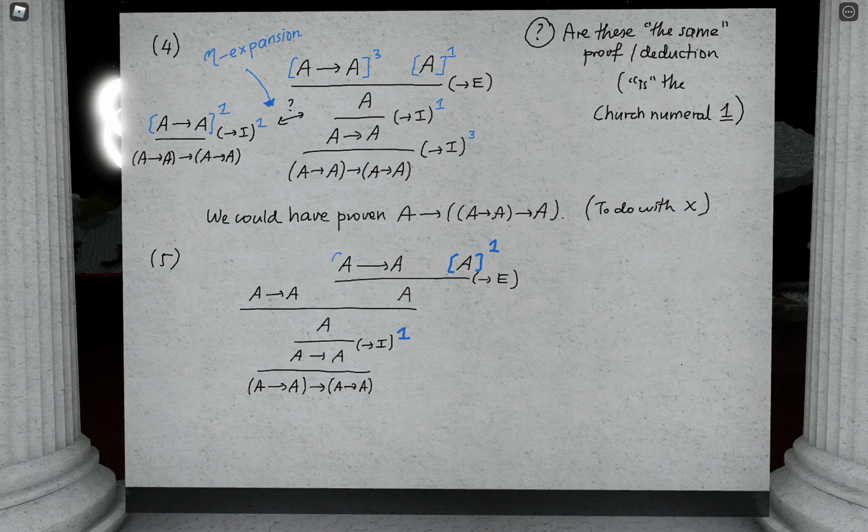And I will. But I'll come back to the case in which I only discharge one of them in a moment. Okay, so this deduction is the church numeral 2, and I'm just going to refer to it as the church numeral 2. It corresponds to the church numeral 2 under the Curry-Howard correspondence.